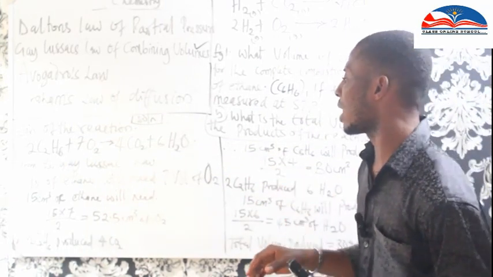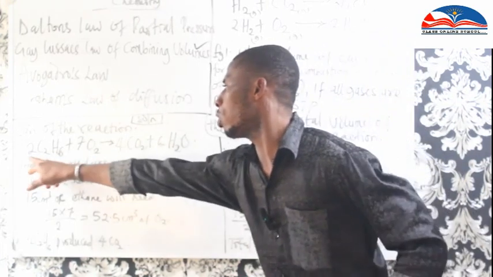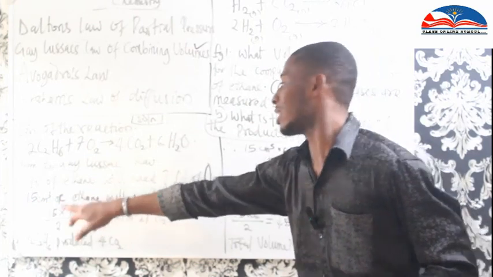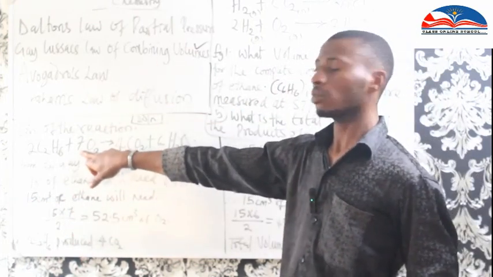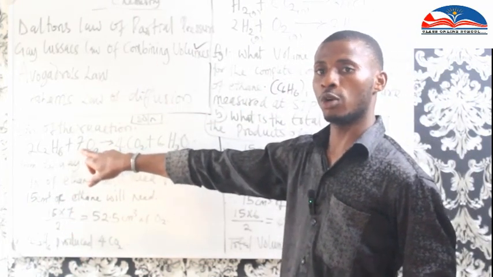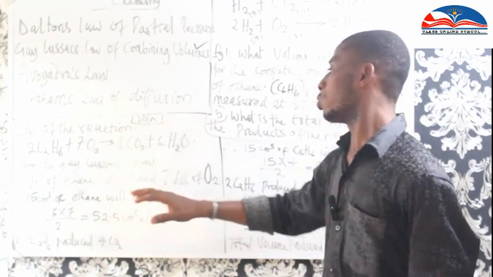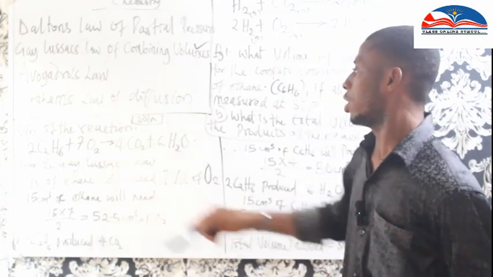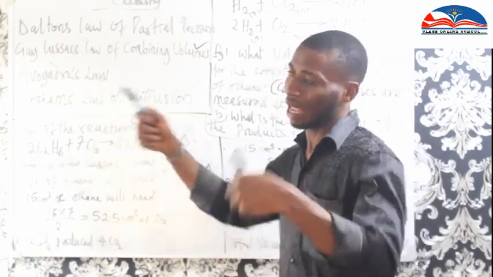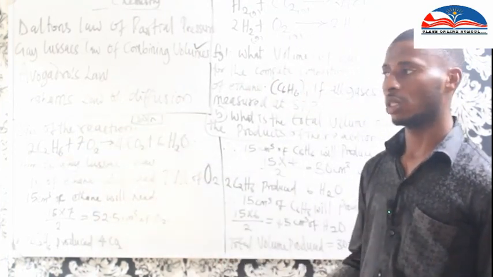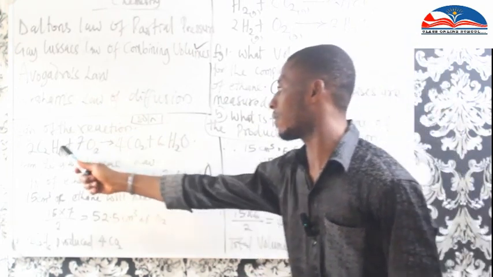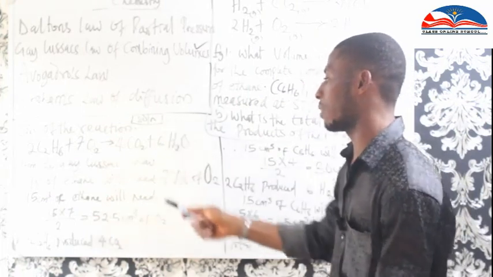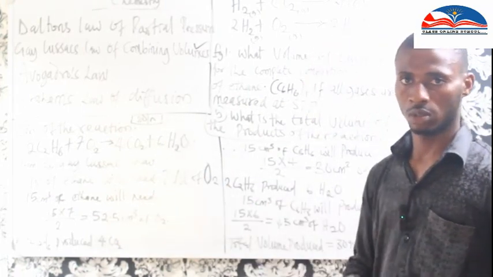So now we have to use the 15 moles of ethane that they asked us, then we multiply it by the number of moles of oxygen, then we divide it by the number of moles before. It's just like 7 divided by 2 times 15, or you say 15 times 7 divided by 2.